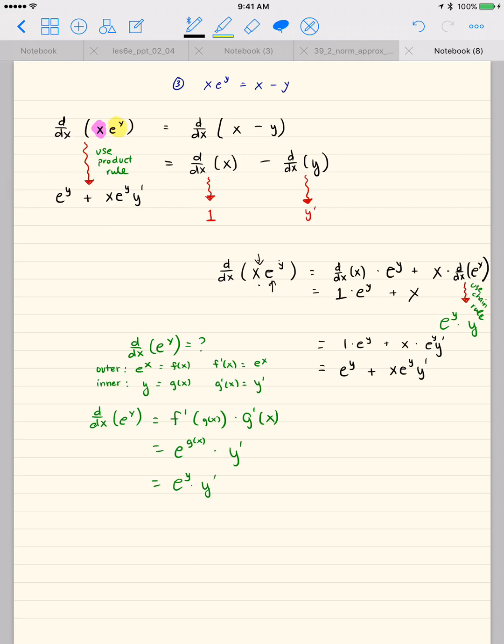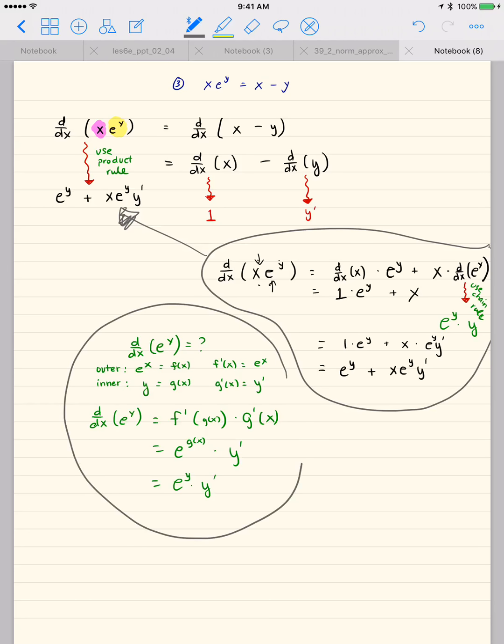So we've got kind of like all these little bubbles or sub-bubbles, right? So we needed this to find that, but then we needed to do this to figure out that, right?